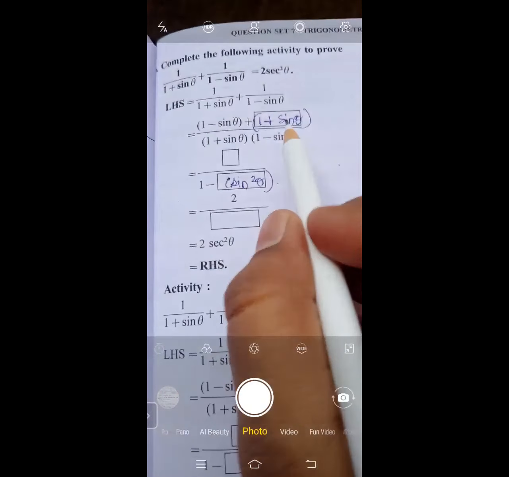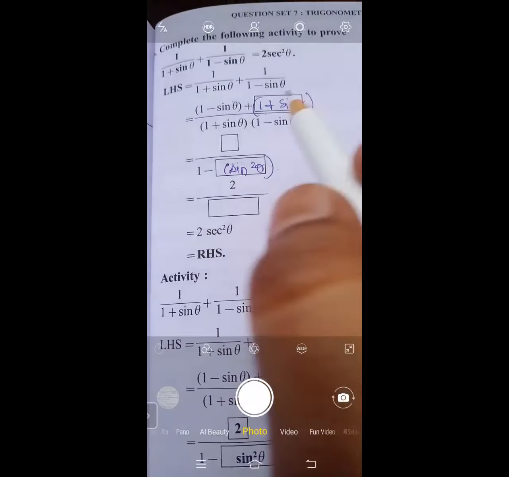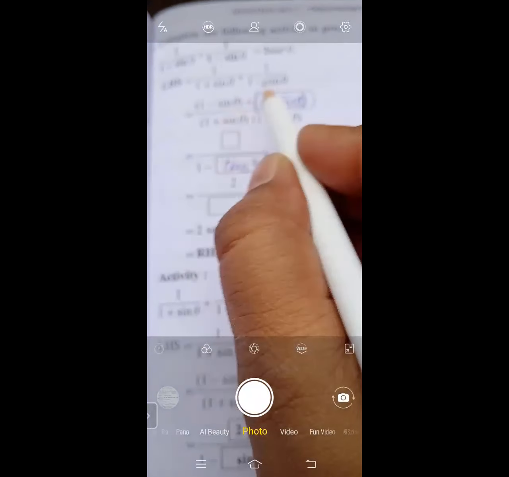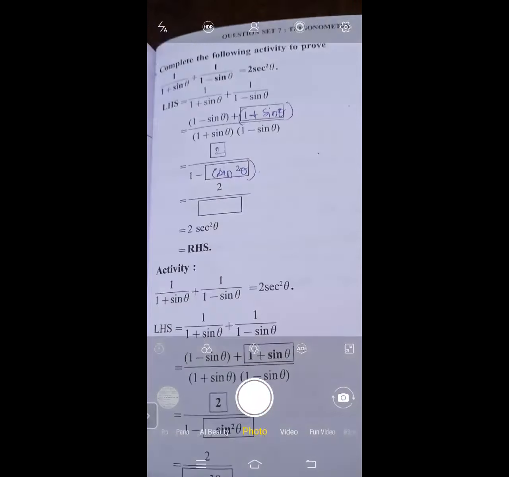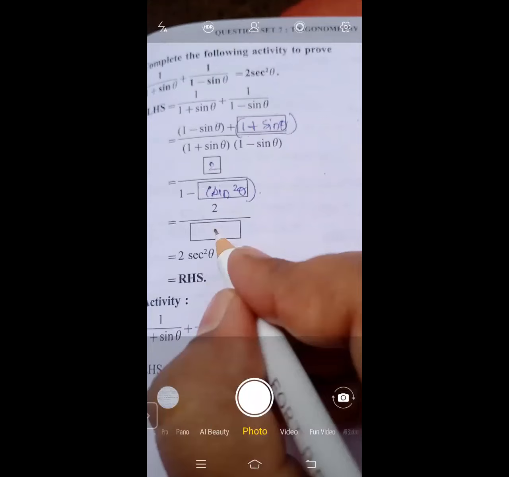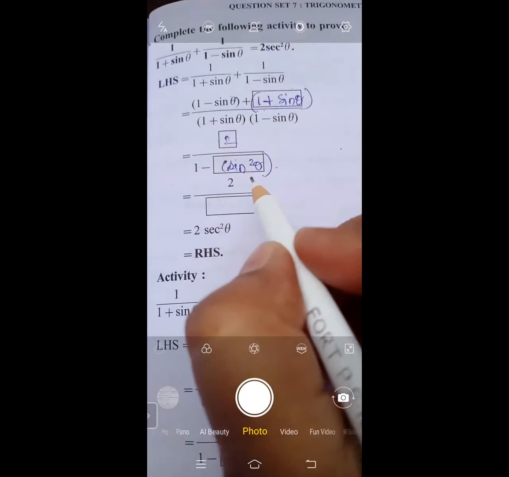Now this is 1 minus sine theta plus 1 plus sine theta, so minus and plus will get cancelled. 1 plus 1 will become 2. So 2 upon 1 minus sine square theta.